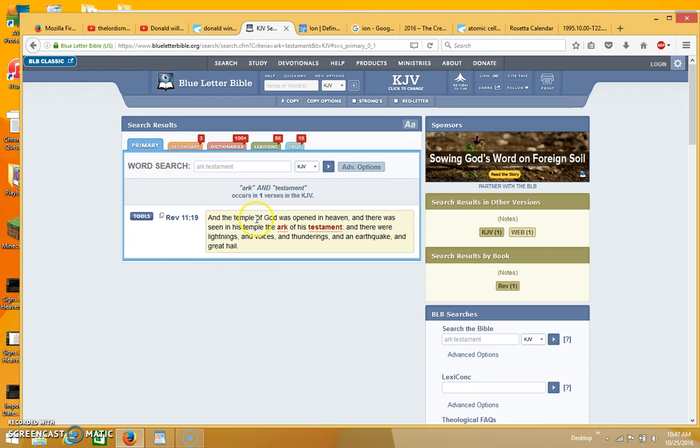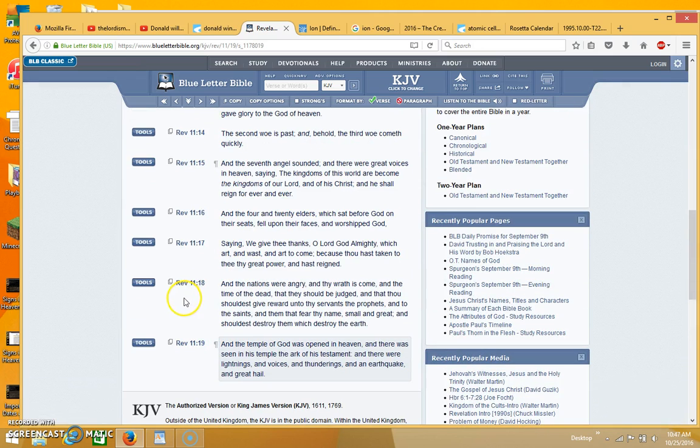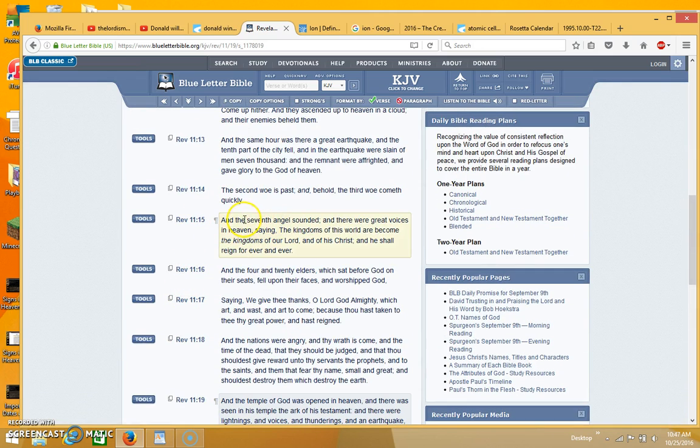And it says, "And the temple of God was opened in heaven, and there was seen in his temple the ark of his testament, and there were lightnings and voices and thunderings, and an earthquake and great hail." And this is coming up in the book of Revelation, which talks about the seventh seal, or the seventh angel, or the seventh trumpet, the seventh angel sounding the seventh trumpet.